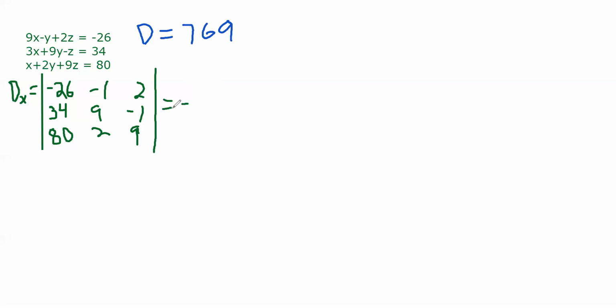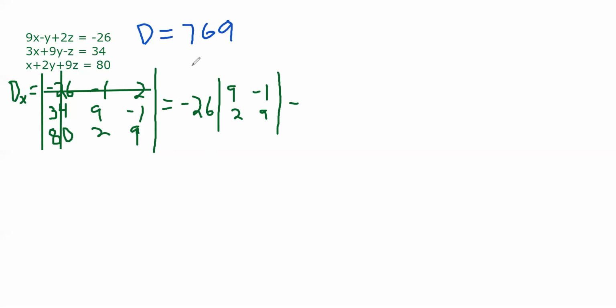So we're going to have -26 times a 2 by 2 determinant. And maybe you can see it. Maybe I'll help you out here, but I won't be able to do this forever and always. We're going to be left with that 9, 9, -1, 2 thing. -26.